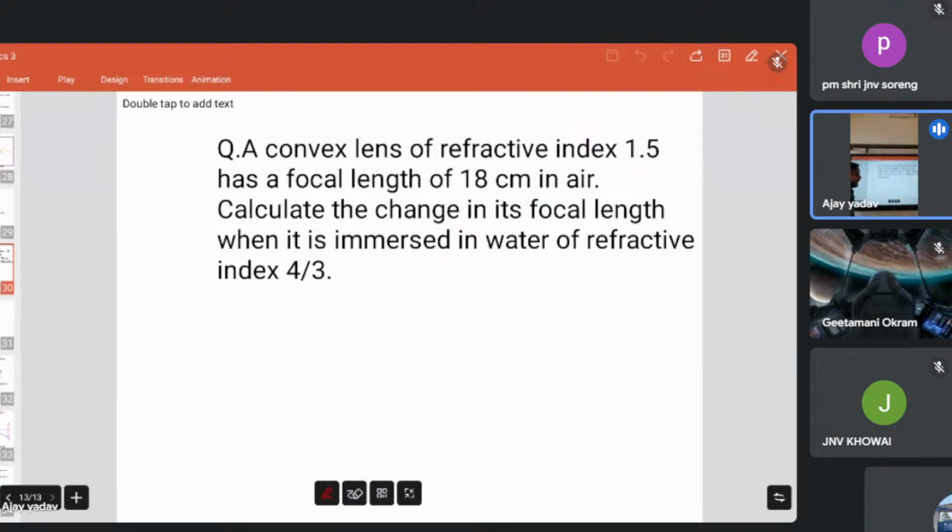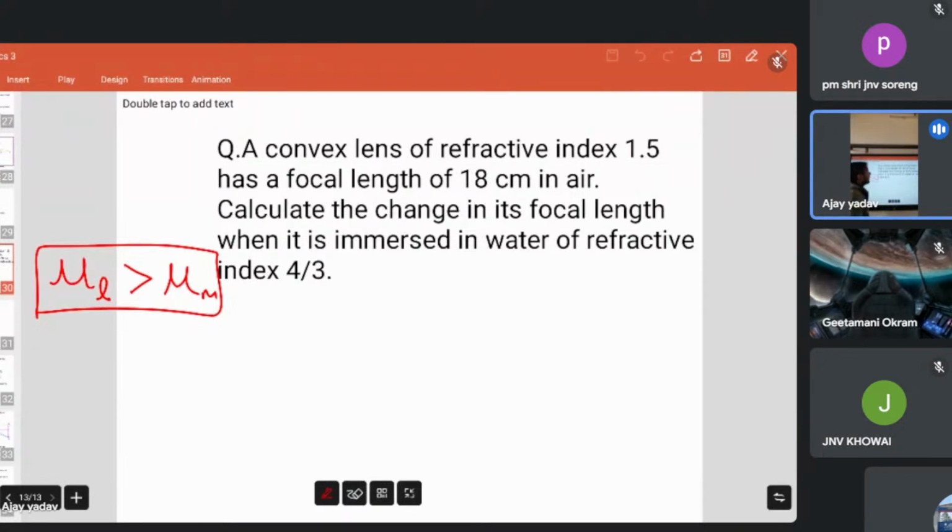Second, if we dip any lens into a medium, consider the refractive index of the lens is mu L, and the refractive index of the medium is mu m. Suppose the refractive index of the lens is greater than the refractive index of the medium.